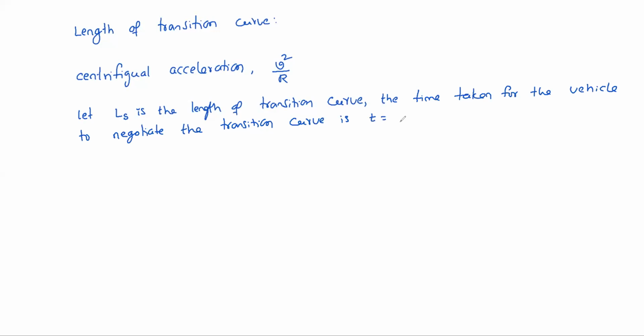Velocity is meter per second, length is meters. So length by V, Ls by V. Time taken is Ls by V. Length by speed, because length is meters by meters per second, so you'll get seconds, right? So if you provide Ls length, you'll have this time, Ls by V, to travel on the transition curve.